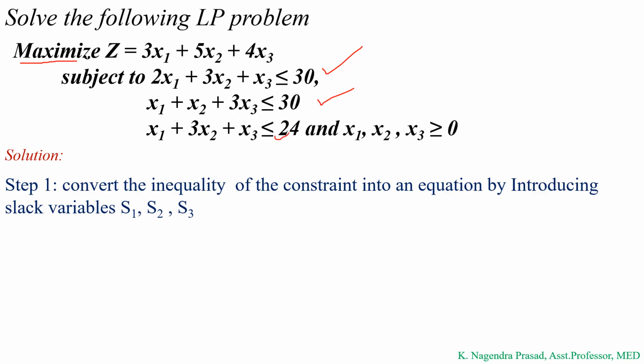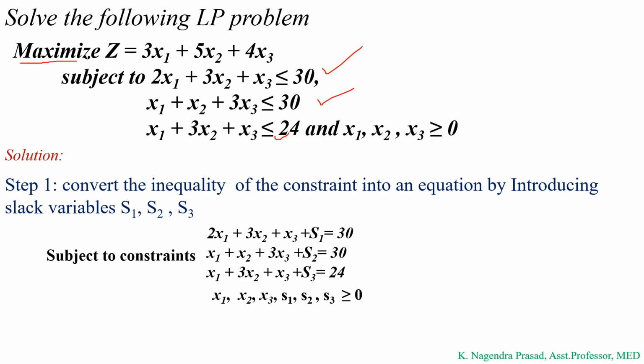Then the constraints will become 2x1 plus 3x2 plus x3 plus s1 equal to 30, x1 plus x2 plus 3x3 plus s2 equal to 30, x1 plus 3x2 plus x3 plus s3 equal to 24, and x1, x2, x3, s1, s2, s3 all are greater than or equal to 0.